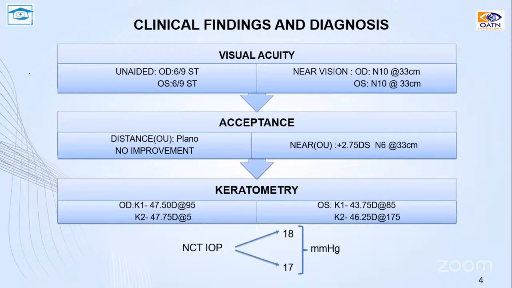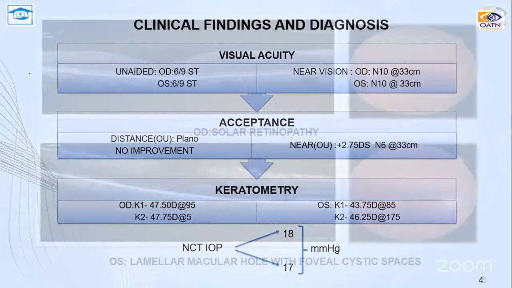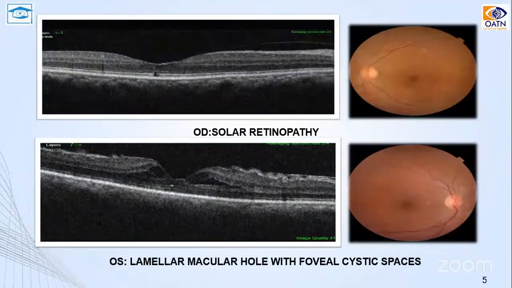These are the keratometric readings. Intraocular pressure is 18 in the right eye and 17 in the left eye. The OCT revealed solar retinopathy in the right eye and a laminar hole with foveal cyst in the left eye.